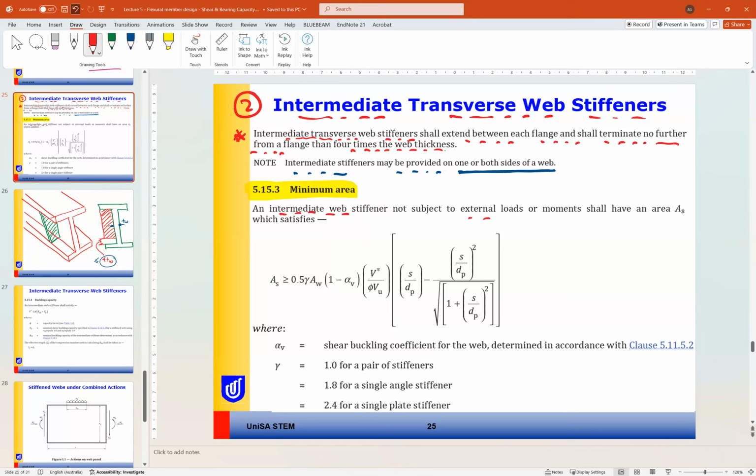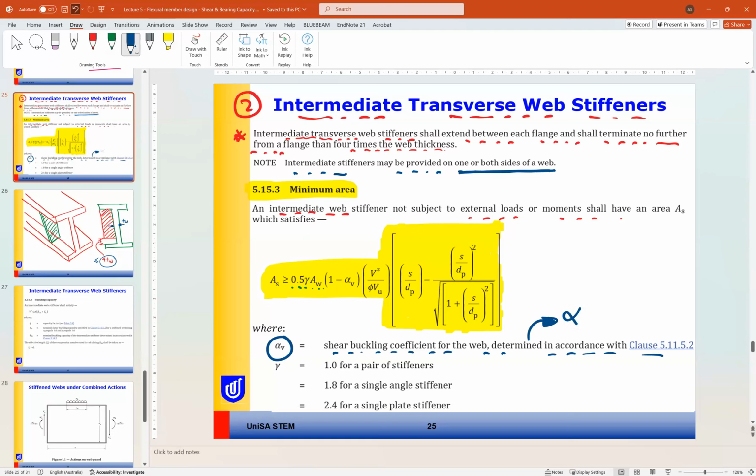An intermediate web stiffener not subjected to external load or moment shall have an area A_s more than or equal to 0.5 γ A_w [1 − α_v V* / (φ V_u)] multiplied by [s/d_p − (s/d_p)² / (1 + (s/d_p)²)], where α_v is the shear buckling coefficient for the web we have determined earlier for a stiffened web.